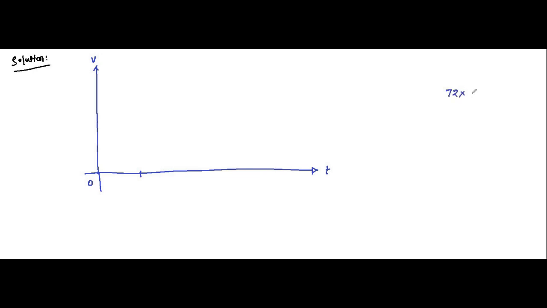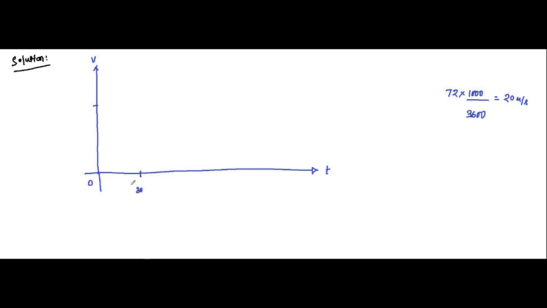So 72 kilometers per hour is 72 times 1000 by 3600, that is 60 minutes, 60 seconds. So it is coming around 20 meters per second. So it attains a final velocity of 20 meters per second.